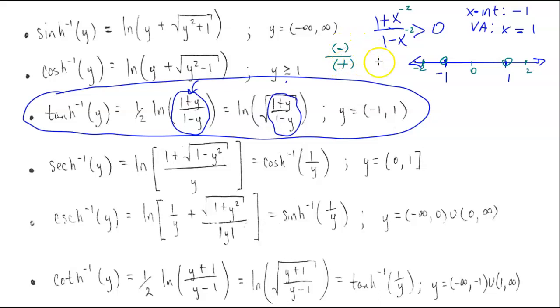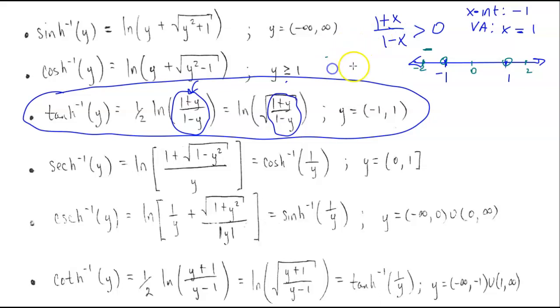And of course, a negative divided by a positive is a negative. So the values that are less than -1 are not going to be in the domain of this function, because whenever I plug in values for x that are less than -1, I'm going to get negative values for that whole expression.